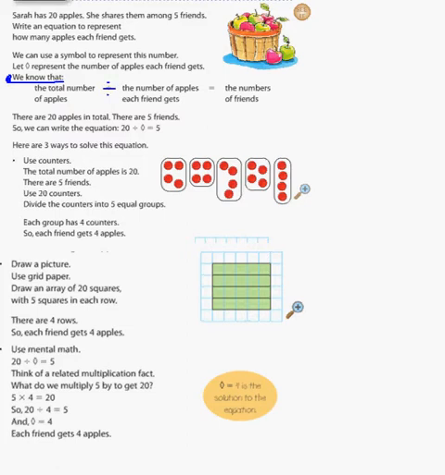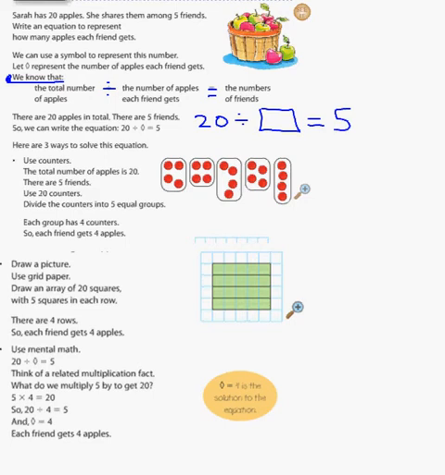The total number of apples divided by the number of apples each friend gets equals the number of friends. So there are 20 apples in total, and there are 5 friends. So we can write down the equation 20 divided by this unknown number equals 5.